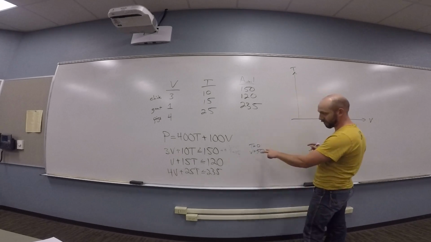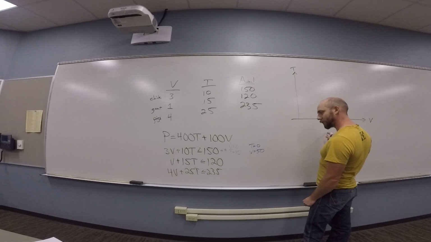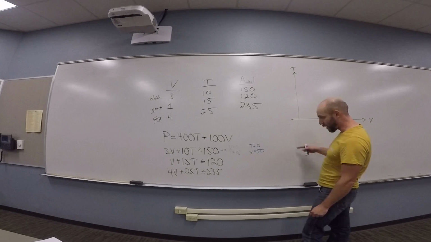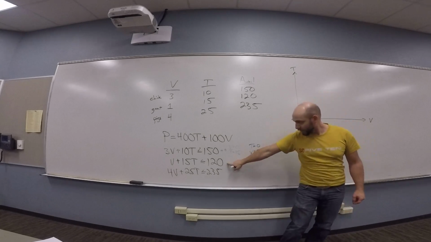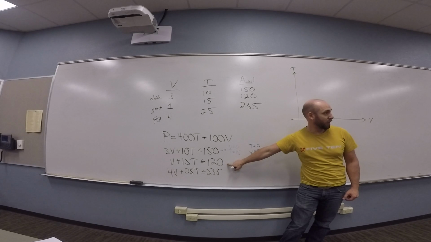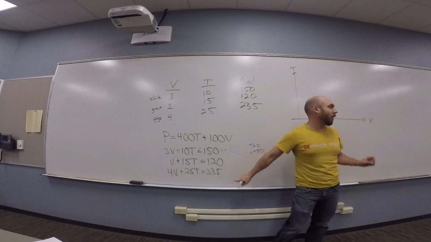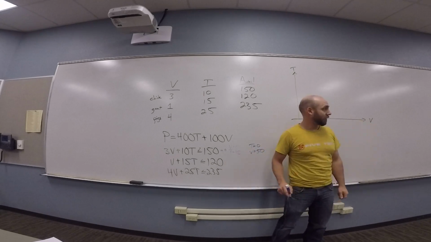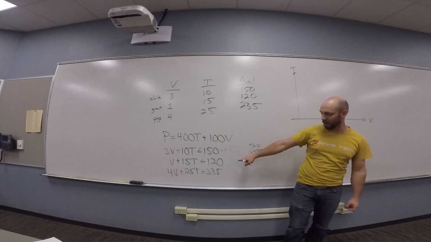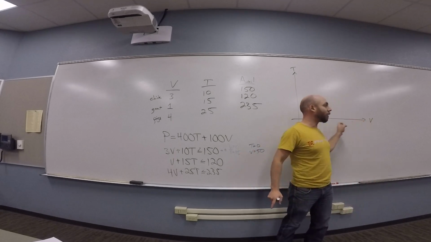Alright, so 50, 15. Let me look here. So this guy is gonna give me a V of 120. I'm just trying to figure out how big to make my axes. I don't wanna put 50 over here, I'll probably put it in the middle.